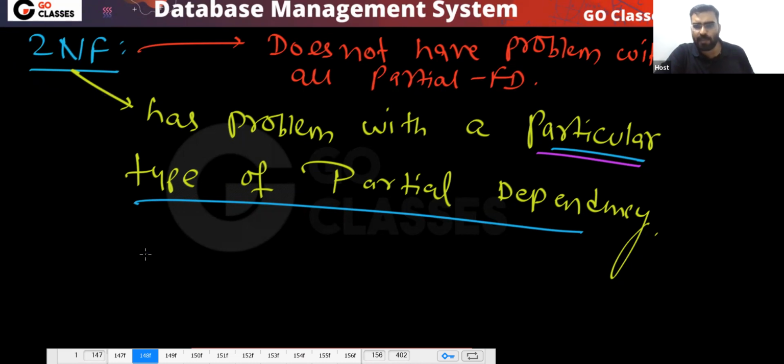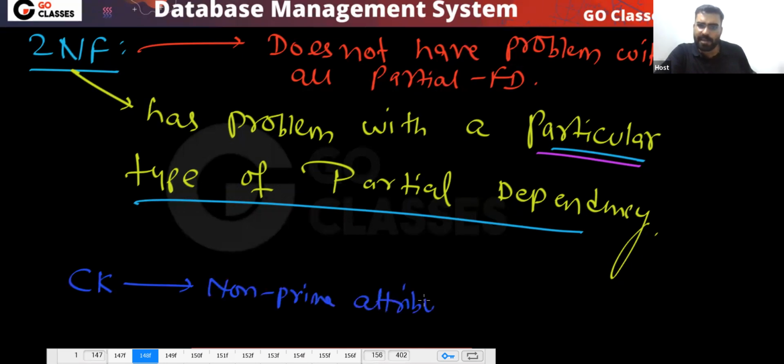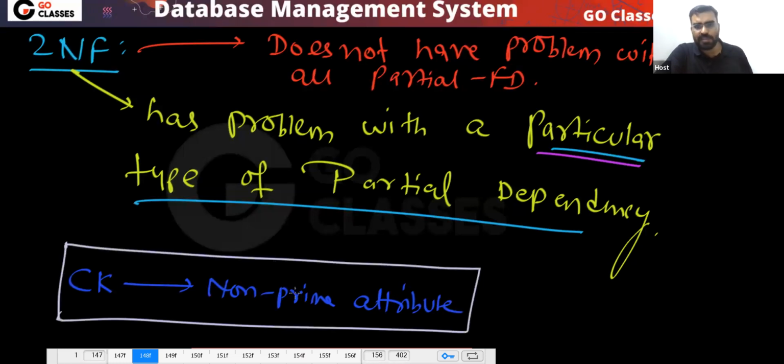Now, what is this particular type of partial dependency? Basically, a candidate key determining a non-prime attribute. Is this clear? If this is partial, then the relation is not in 2NF.